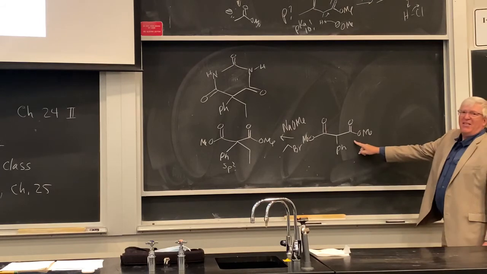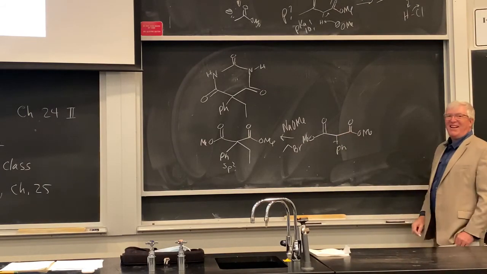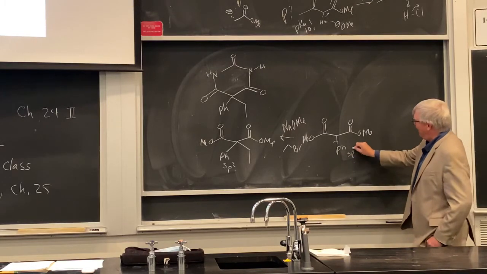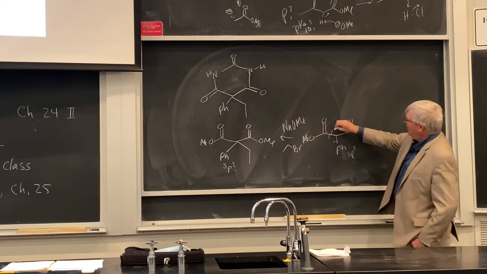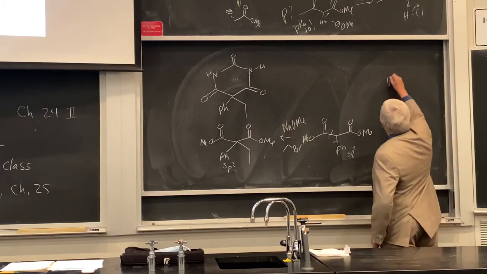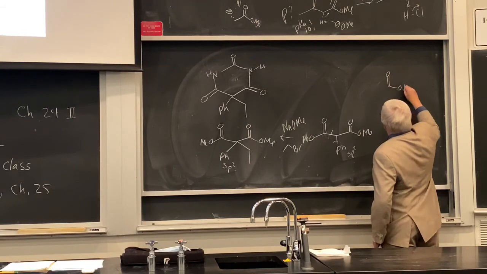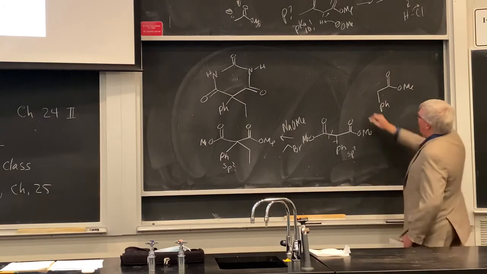But how do we get this? Okay, we can't alkylate right there from malonate, right? This is sp2 hybridized. So no alkylation there. What we can do instead is acylate right there. And actually, this is how it's made. So you can take this methyl ester with a phenyl already on there, and what?